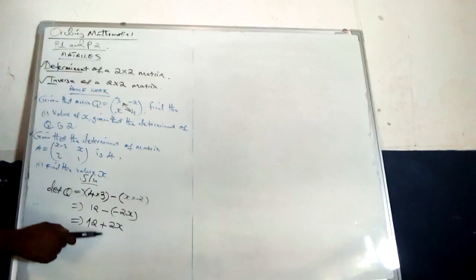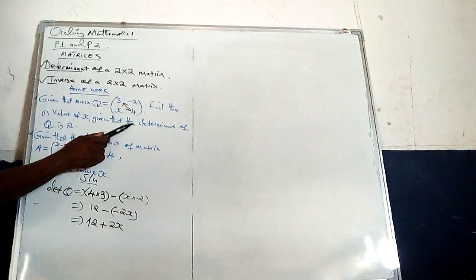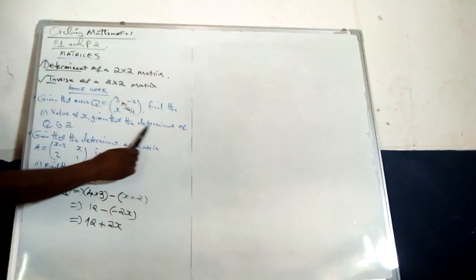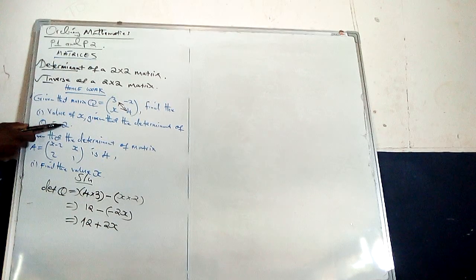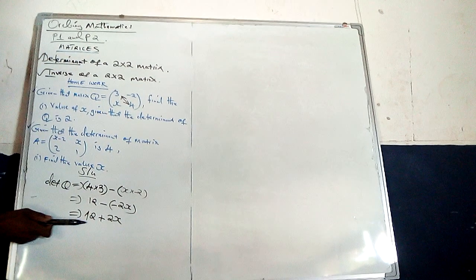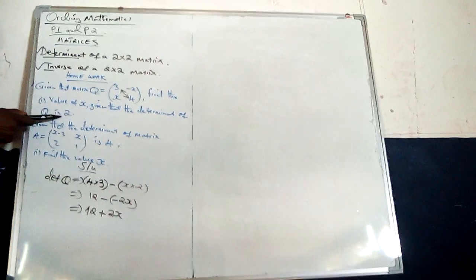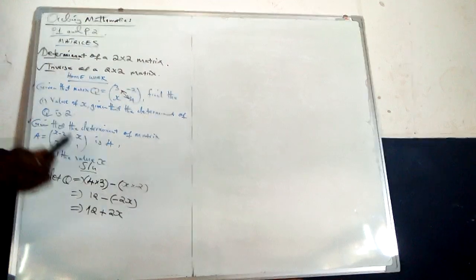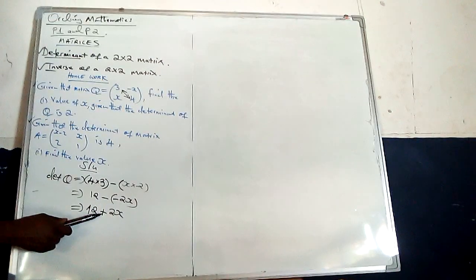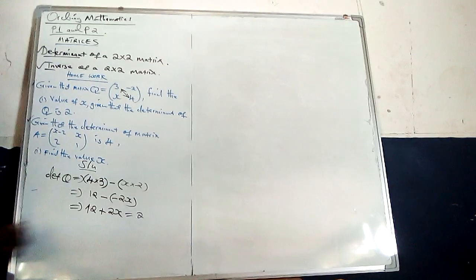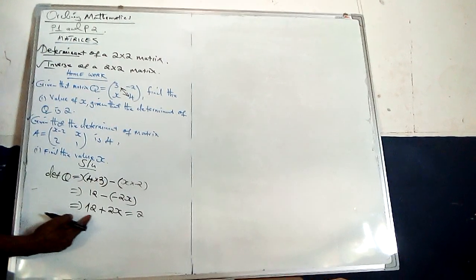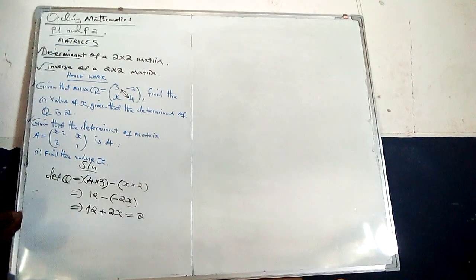However, we are also told that the determinant of matrix Q is 2. So it's logical to say this expression is the determinant and this 2 here is the determinant. So it's logical then to conclude 12 plus 2x equals 2, thereby forming an equation.